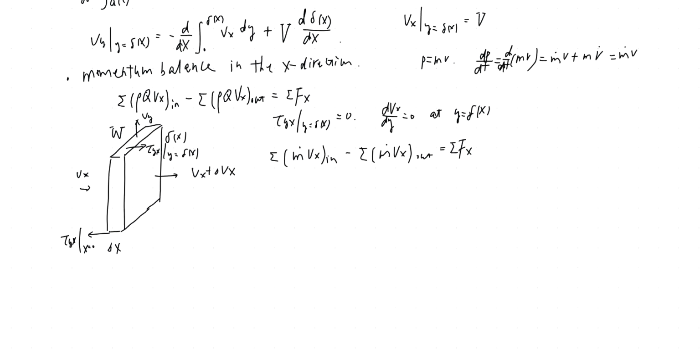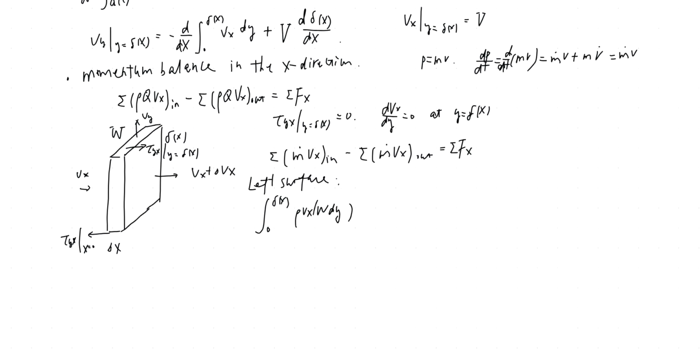So let's look again at the left surface. Let's see what m dot Vx is. We just discussed that we need to do integration. The m dot is rho Vx multiplied by w dy.